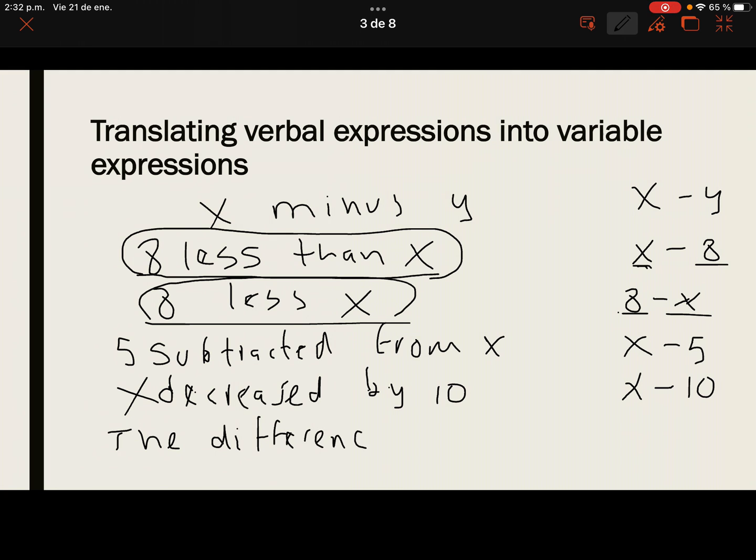For example, the difference between x and y means x minus y, same order. Those are the keywords for subtraction.